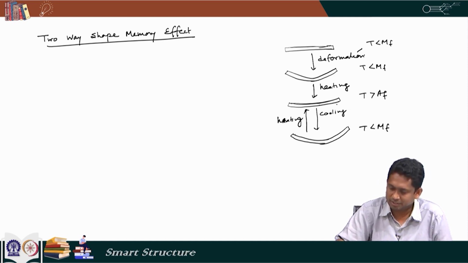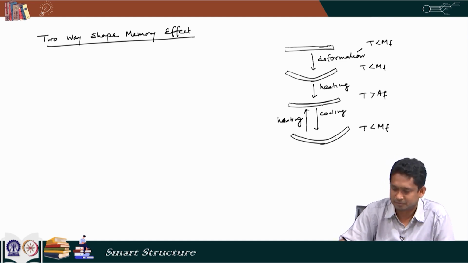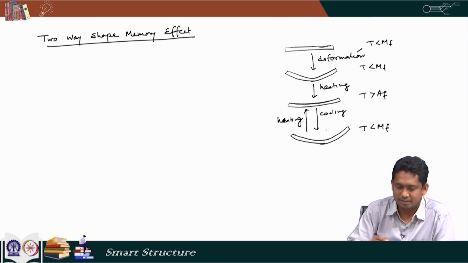So, it is a two-way actuation. Once the material is here, if I cool it, it gets the bent shape, and if I heat it up, it gets this shape, which is not fully the undeformed shape, but is very close to it. So, that is the two-way shape memory effect.